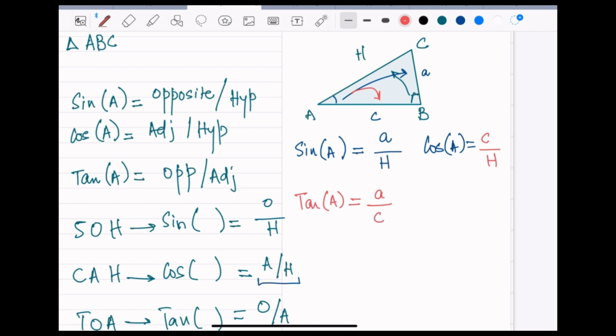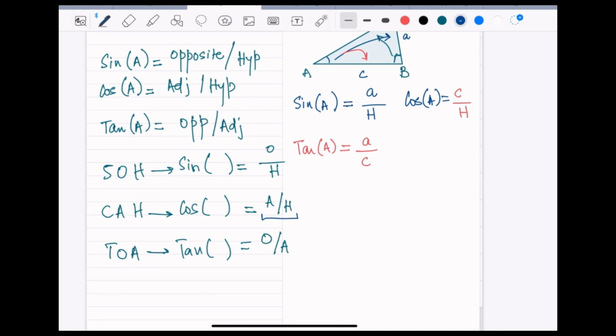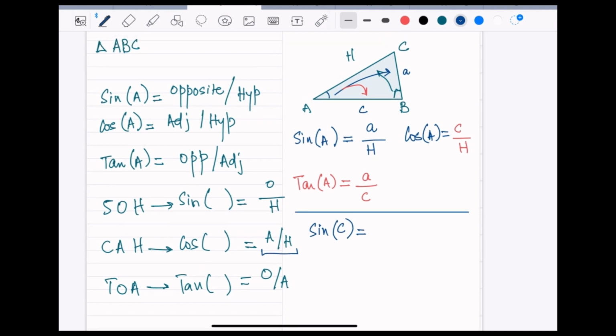adjacent, which is c. Same case, if I write with respect to angle C, so sine of angle C, I'm talking about this one.